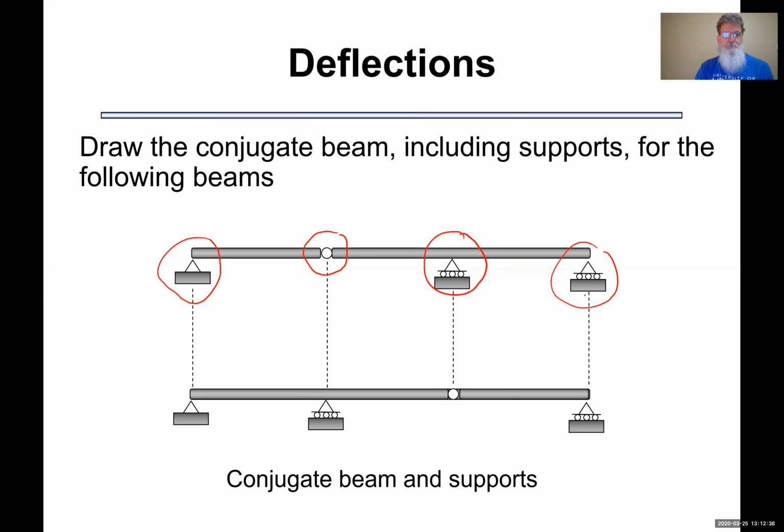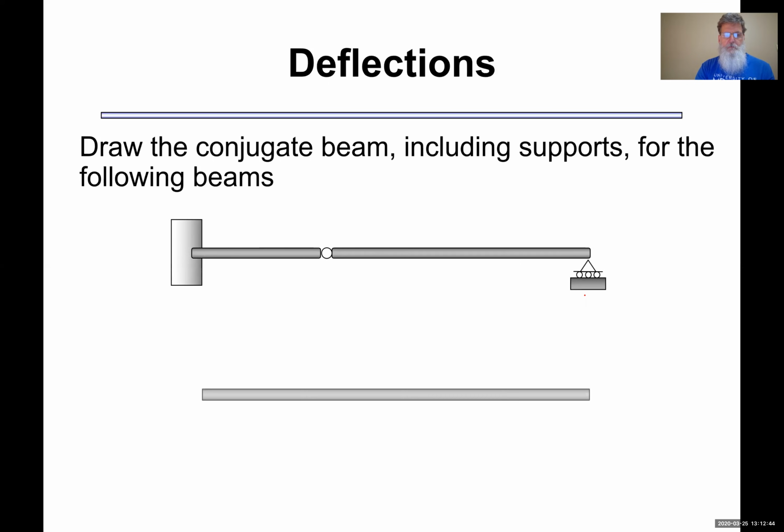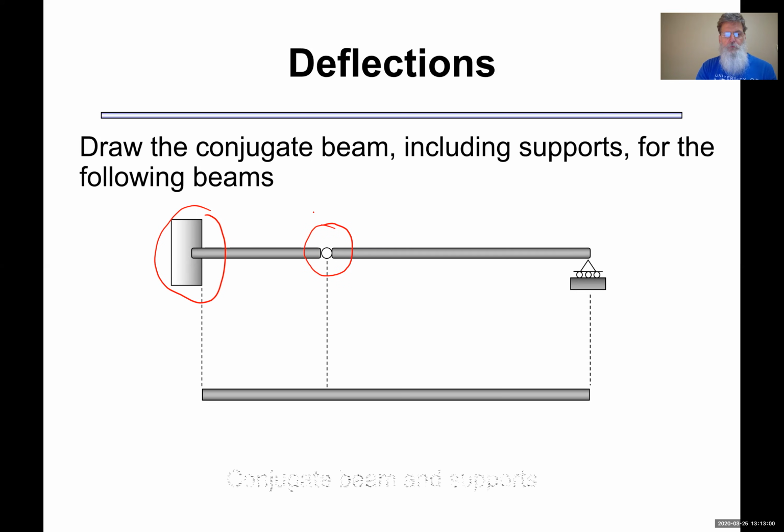So let's look at another one. So now here's a real beam. What's the conjugate beam look like? I've got three different supports I need to deal with. Let's start with the one here on the left. I've got a fixed connection. The fixed connection maps to a free end. The internal hinge maps to a pin.